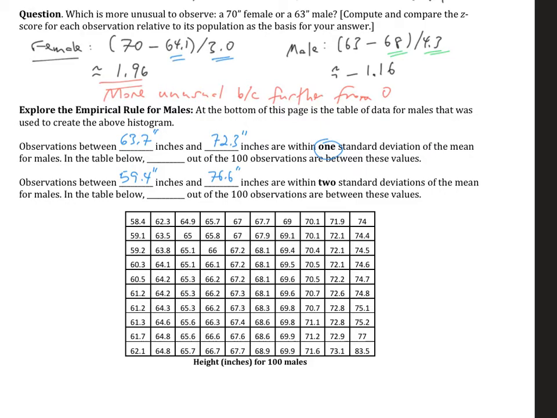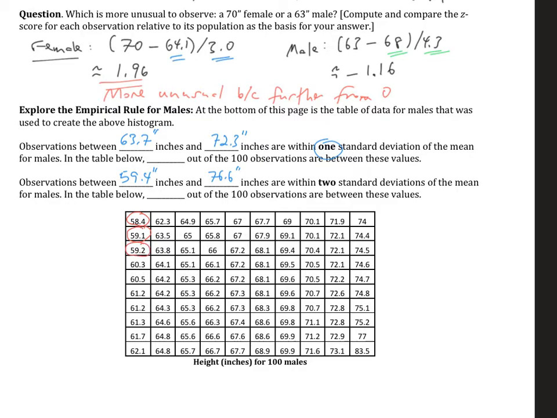I'll do the second one first because there's going to be more of them that are in there, and so it'll be easier to just count the ones that are not. So I'm going to do that by just circling them in red. I'm going to circle every height in this table that's not between 59.4 and 76.6. So here are the ones that are not. 58.4 is not in between those 2 numbers. Neither is this, and neither is this.